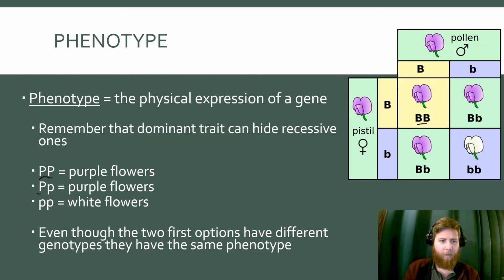Also big P little p is purple flowers. And the only time you get white flowers is if you get two recessives, little p. So even though these two are both purple flowers, they have the same phenotype, but not the same genotype. They have different genes, but they have the same exact look to them.